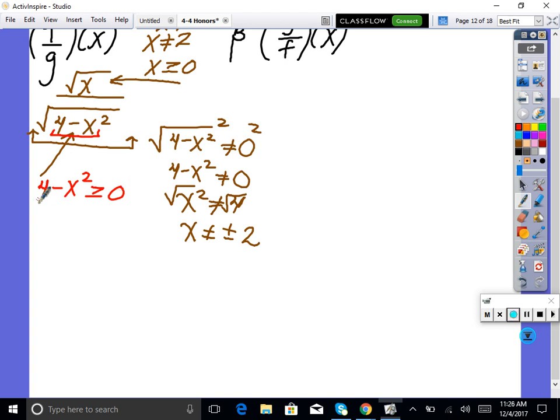You could subtract 4, then divide by negative 1, correct? Or we could just add x squared over, couldn't we? So we have 4 is greater than or equal to x squared. So writing that in the proper way, that would be x squared less than or equal to 4. Does everybody see? Yes.